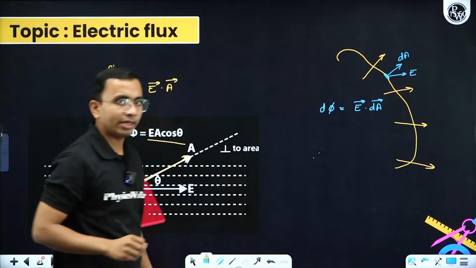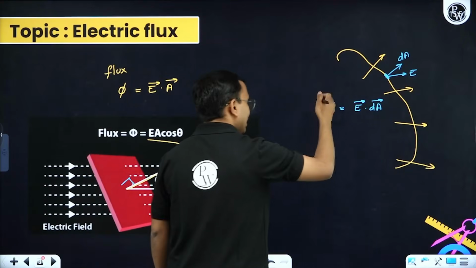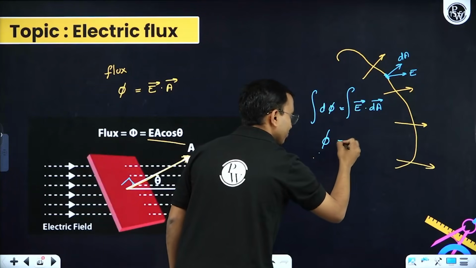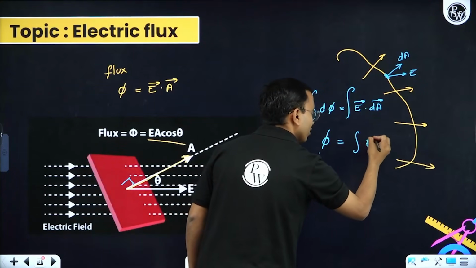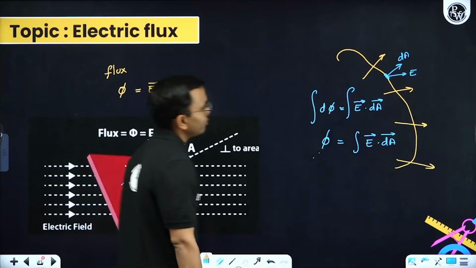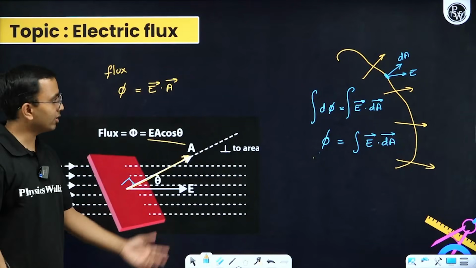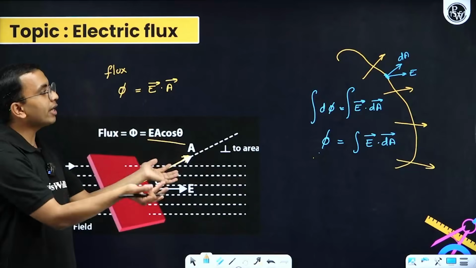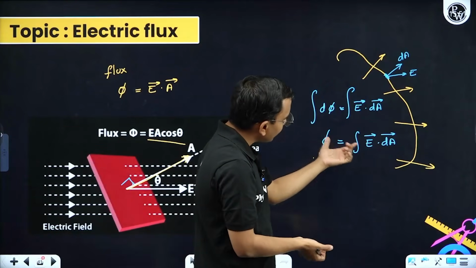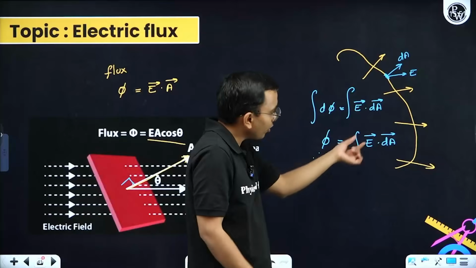That will become E dot dA, and then you integrate it on both sides. So that will become the total flux, the integration of E dot dA. If the electric field is non-uniform or the area also is like that, you may take the integration of E dot dA. Now what is dA?